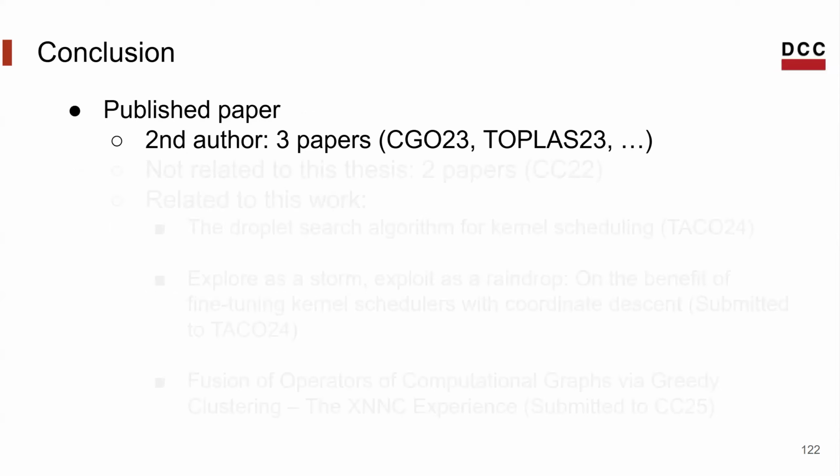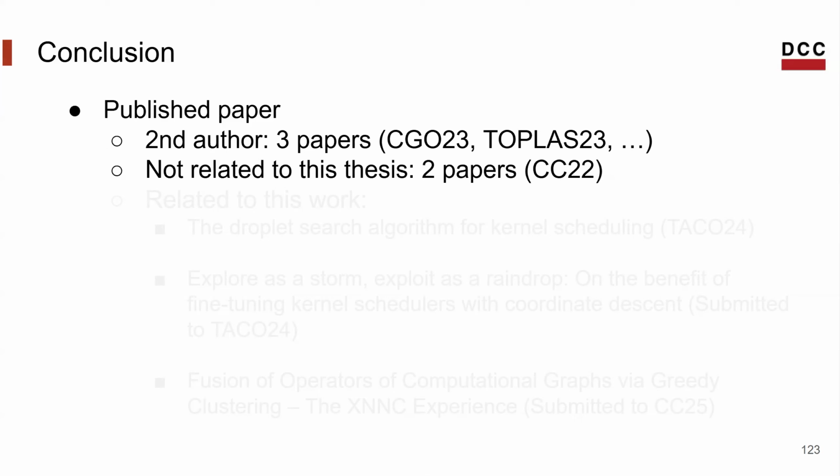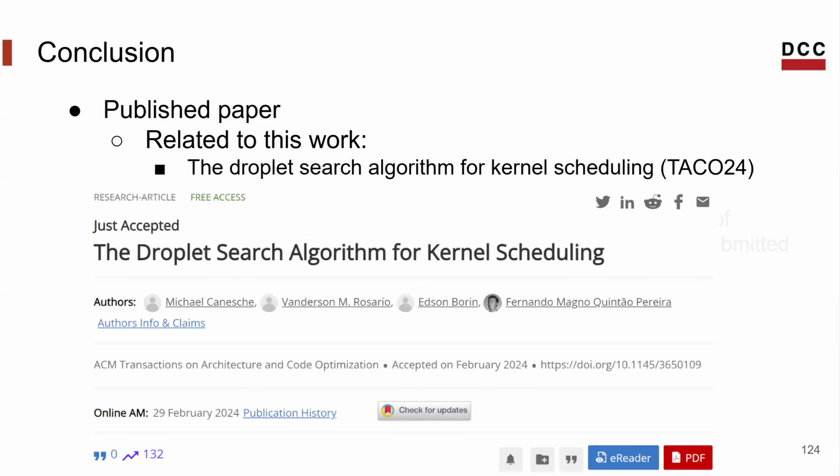During my PhD, I had the opportunity to work on three other projects, which gave me the basis for creating research questions and discussions. I also developed two unrelated papers, one on high-level synthesis and another one on artifact evaluation. The first paper is the main contribution of this thesis.